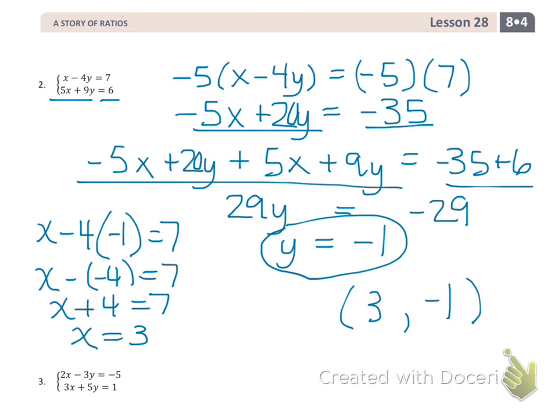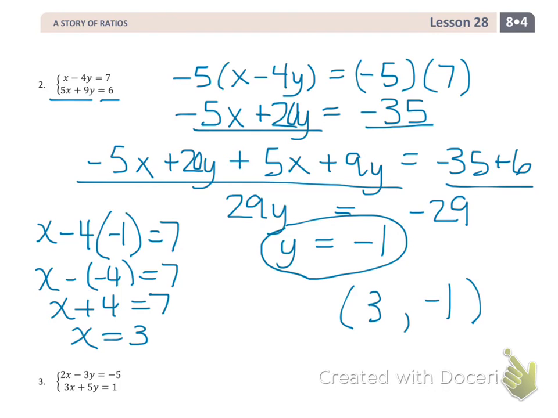Now, we could have done this a different way, but honestly, because this x has a coefficient of 1, that allows us to simply multiply to get the -5 here. And that's got to be our quickest route to a solution. But if you did something different and got the same one, then that's okay.